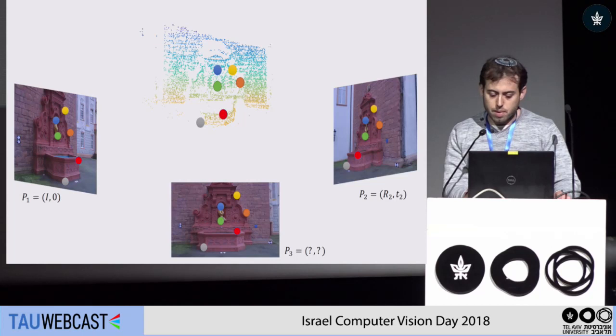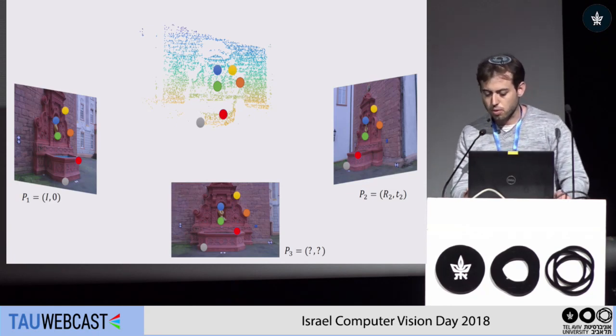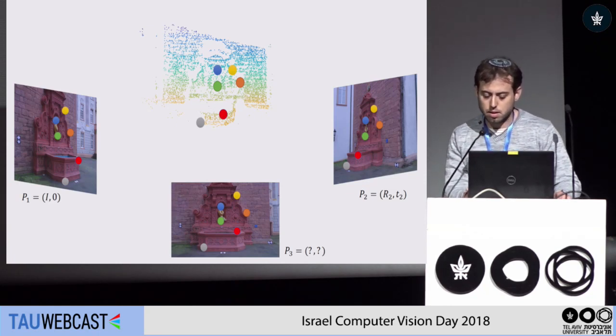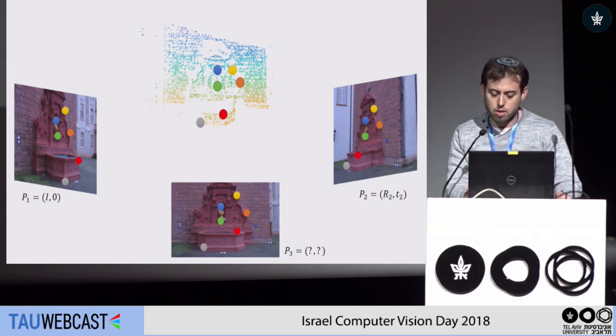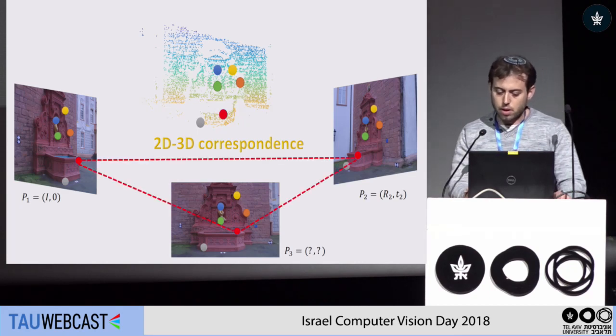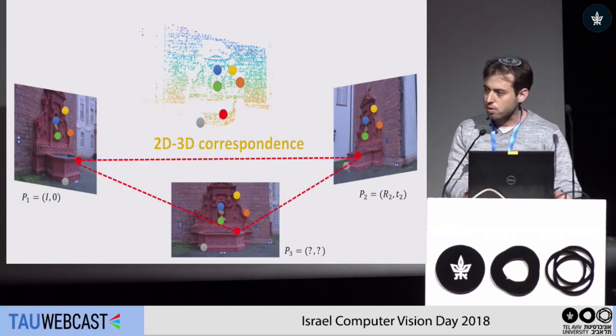Now, if we go back to the problem of resectioning a new camera to the scene, here camera 1 and camera 2 have known rotations and translations, and the rotation and translation of camera 3 are unknown. In order to use a 2D-3D correspondence, the point must be seen from at least two known images, otherwise there is no 3D representation for this point.